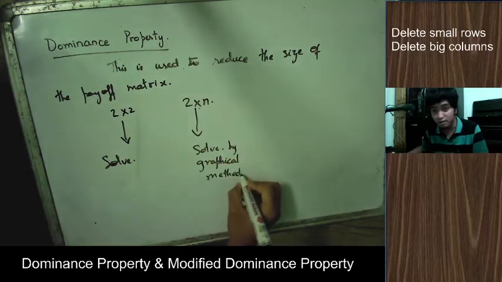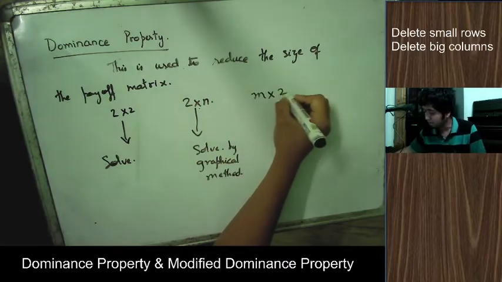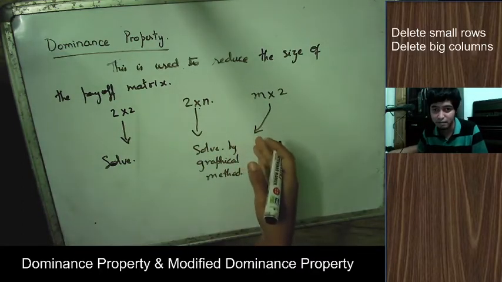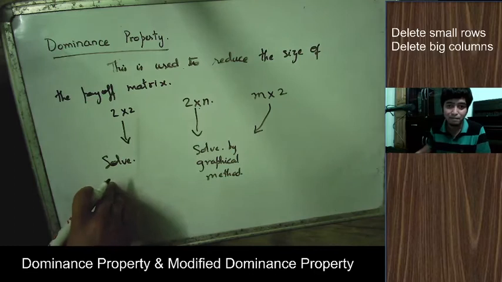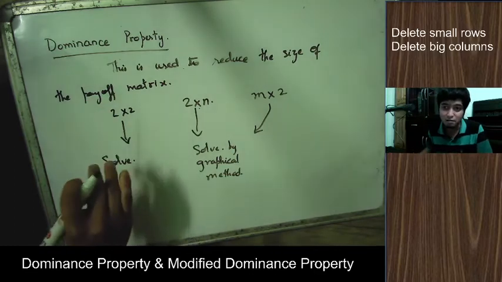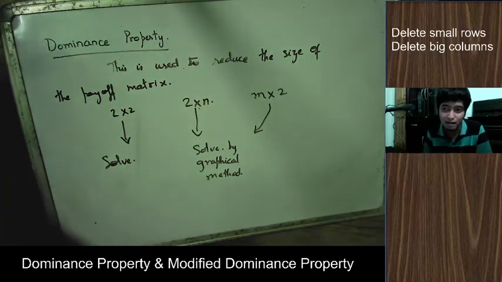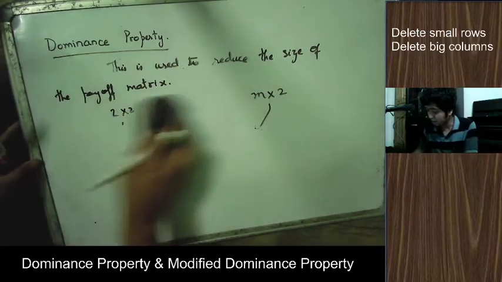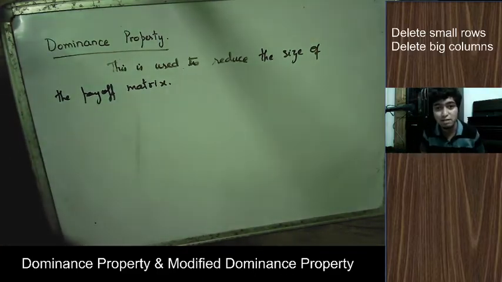And also, if it is reduced to an m by 2 game, then you can solve it by using the graphical method. For a 2 by 2 game, you can easily solve it just by using the formula lambda and all those things. Now let us see what this dominance property is.